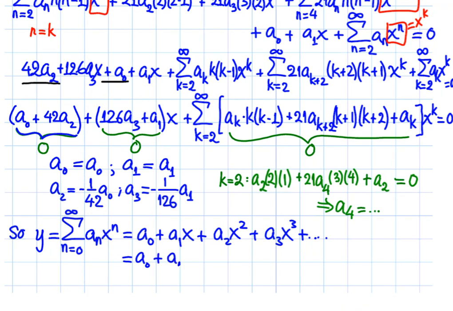We are not given anything about that constant. We know a2 is negative 1 over 42 a0 x squared, minus 1 over 26 a1 x cubed. And then the series goes on. But we only need the first 4 terms, the terms that end with x cubed. So let me zoom out, so we have the whole picture.